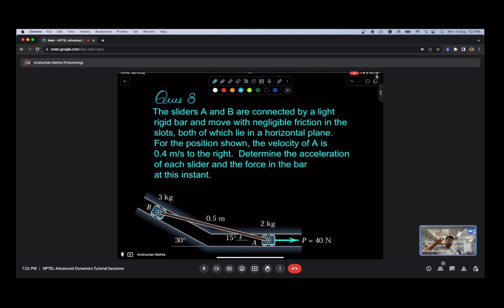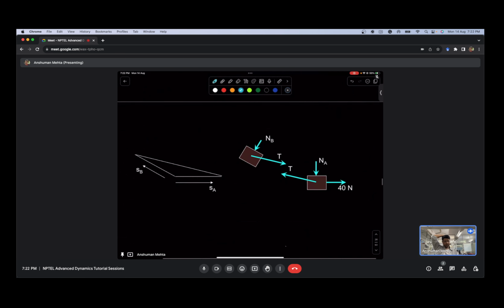Both of which lie in the horizontal plane, and for the position shown, the velocity of A is 0.4 meter per second to the right. Now determine the acceleration of each slider and the force in the bar at this instant. So we'll be needing FBDs. So here are those FBDs.